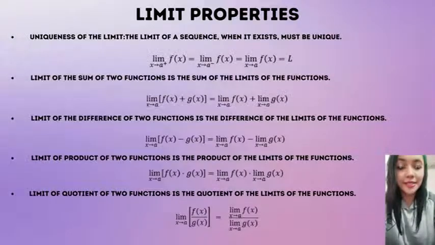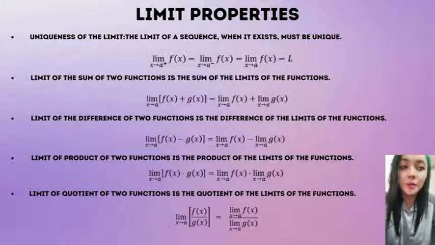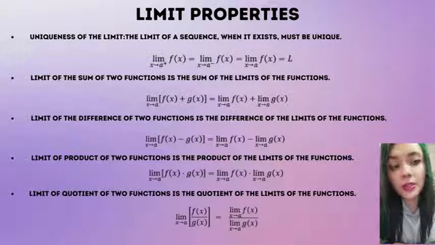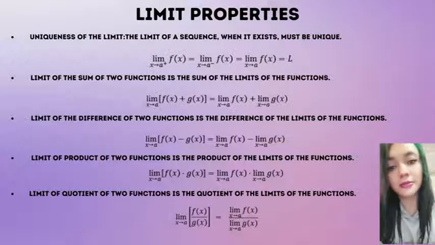Hello, my name is Natalia Ayala and I will talk about the properties of limits. Uniqueness of the limit: the limit of a sequence, when it exists, must be unique. The limit of the sum of two functions is the sum of the limits of the functions.